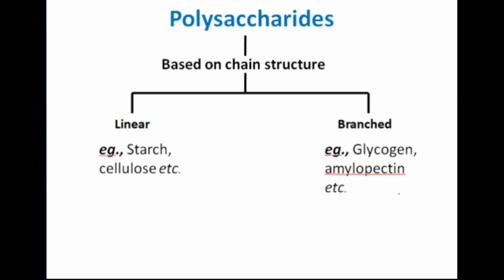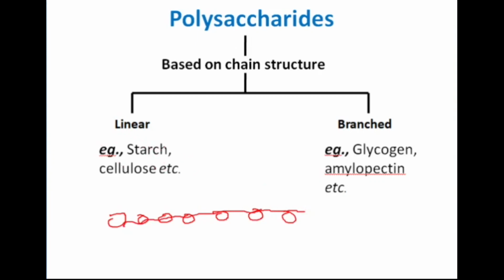Then again, based on the chain structure of polysaccharides, they may be divided into two categories: linear chain and branched chain. If the molecules form this kind of chain-like arrangement, then we call it linear polysaccharide. For example, starch and cellulose.